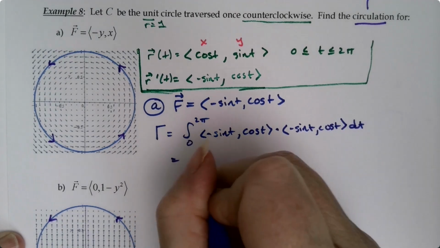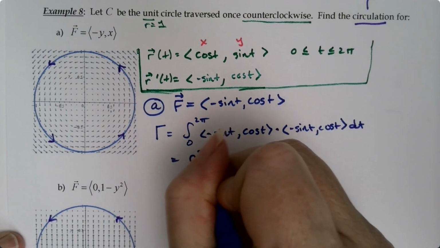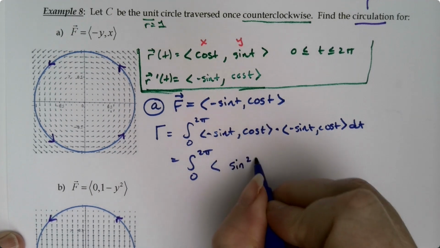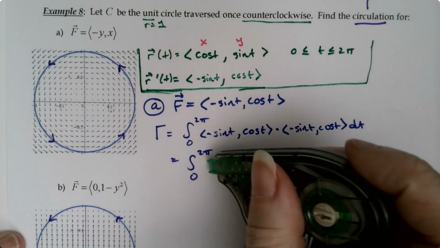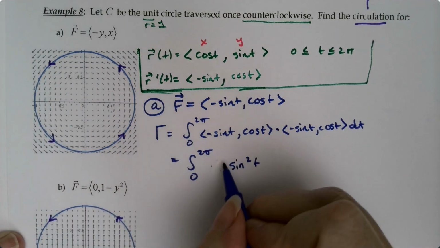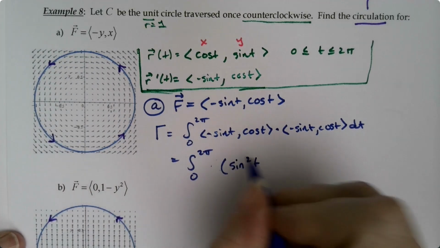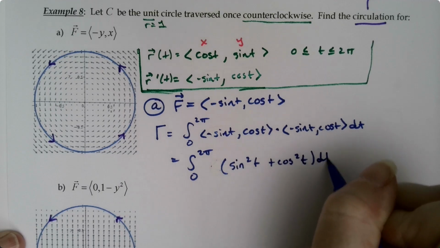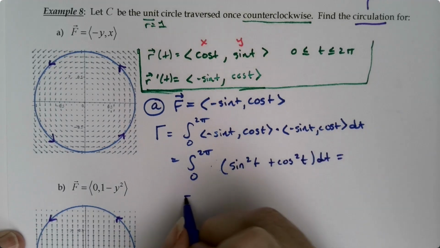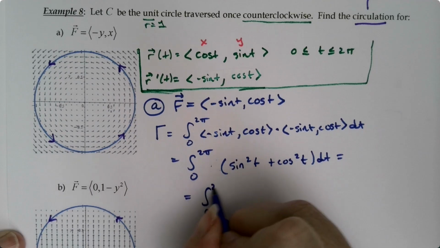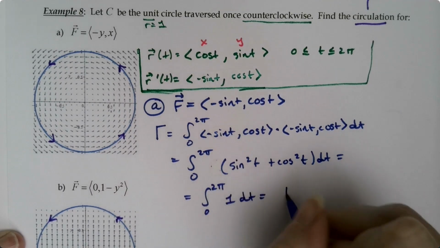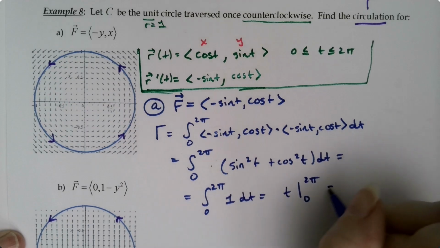So that would be the integral from 0 to 2 pi of, and this is not a vector anymore, it's a parenthesis, sine squared t plus cosine squared t dt, which is of course the integral of 1 dt, which is t from 0 to 2 pi, which is 2 pi.